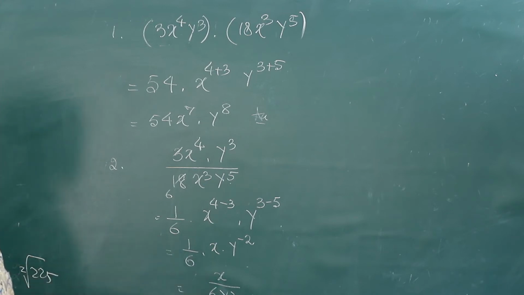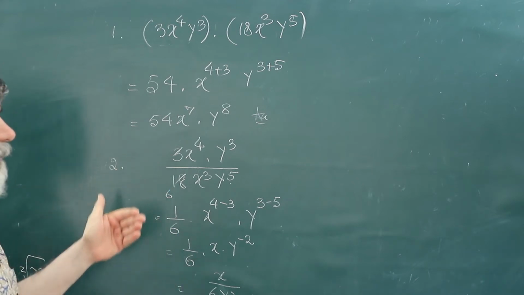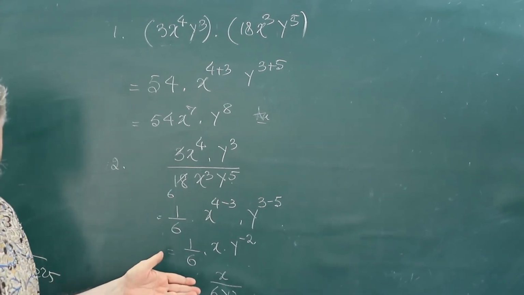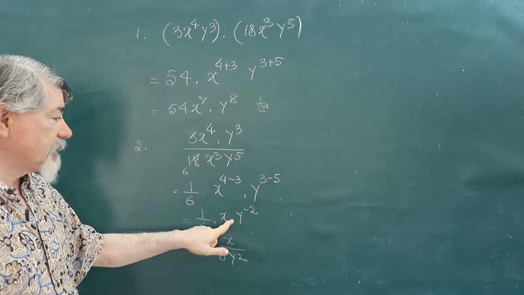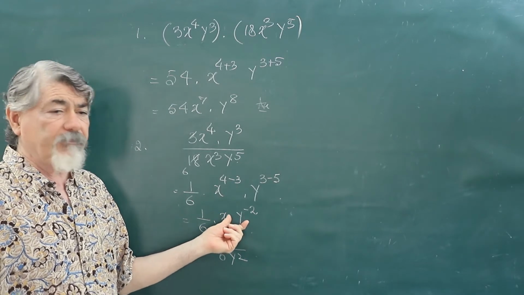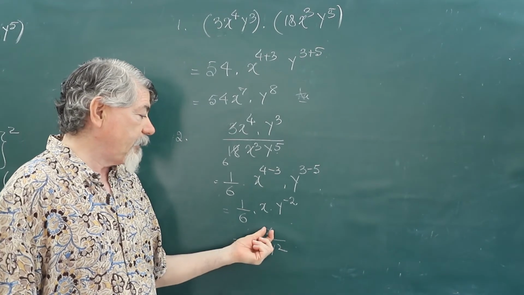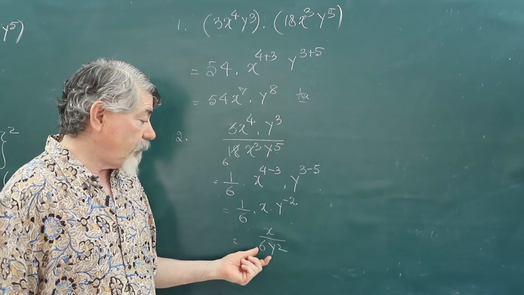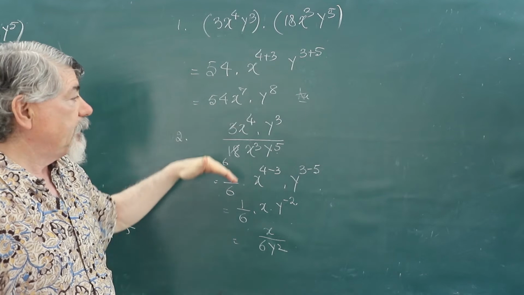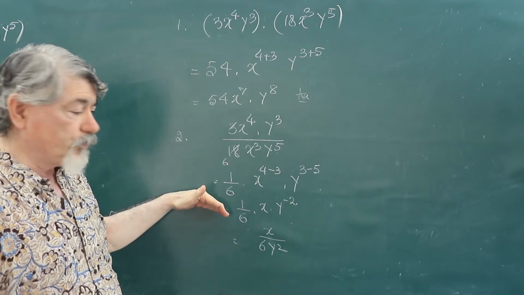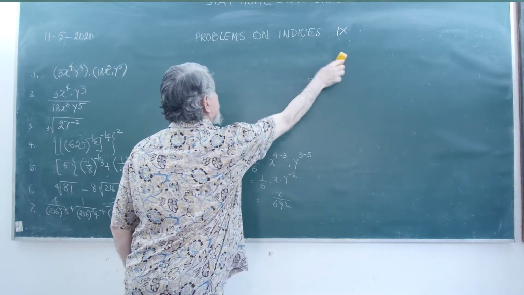Whenever you have to change the sign of the index, you bring it from denominator to numerator or from numerator to denominator, depending upon where it is. In this case, we had y to the power minus 2 in the numerator, so I brought it to the denominator and it became x upon 6 y squared. So in the first question we applied the product law, in the second question we applied the quotient law, and now let us see the next question, question number 3.